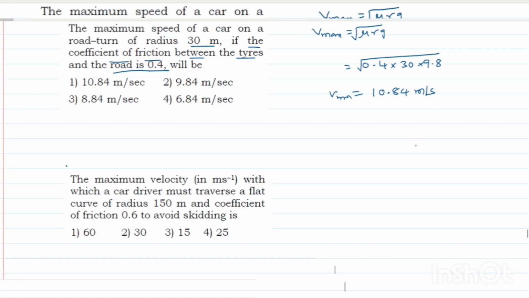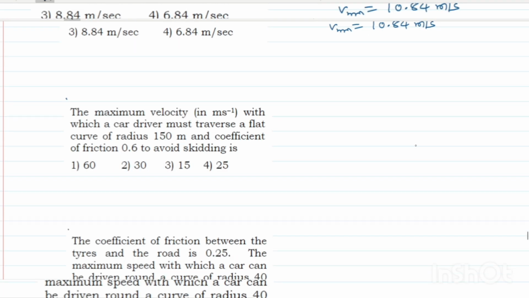Let us see the next question. The maximum velocity with which a car driver must traverse a flat curve of radius 150 meter, with coefficient of friction 0.6, to avoid skidding, is asked. To avoid skidding, the maximum speed formula is V equal to the square root of mu r g. The coefficient of static friction is 0.6, the radius is 150, and g you can take as 10, under root.